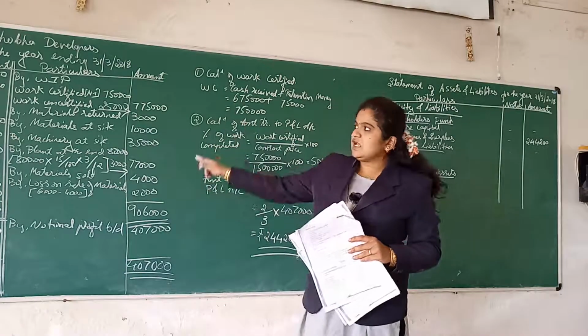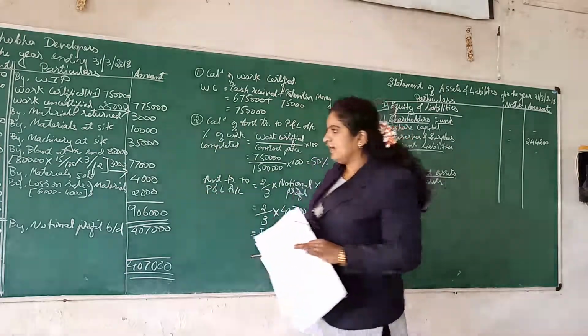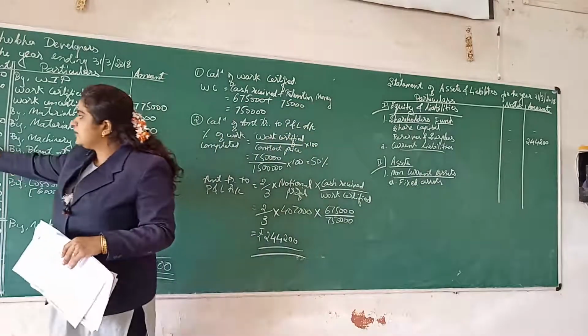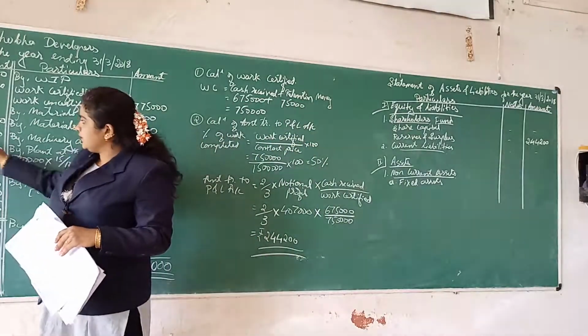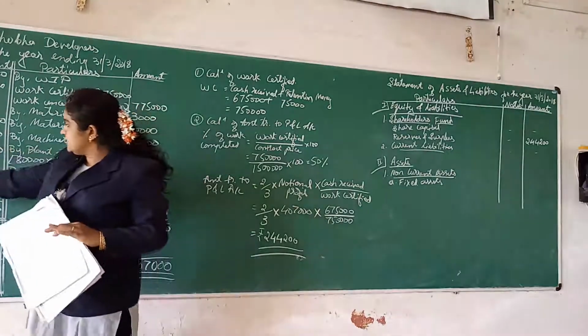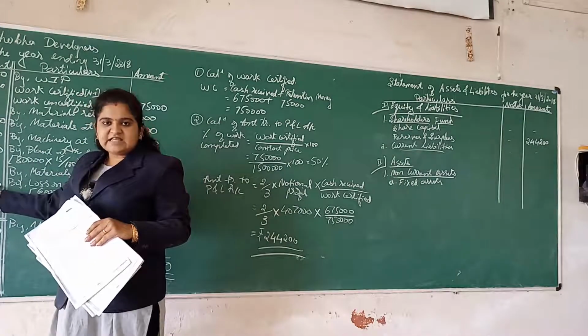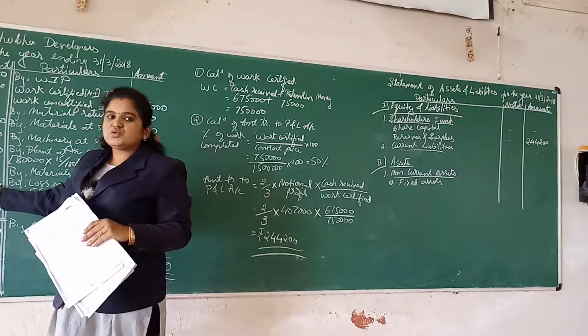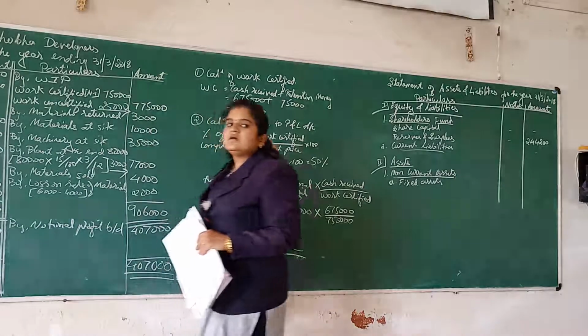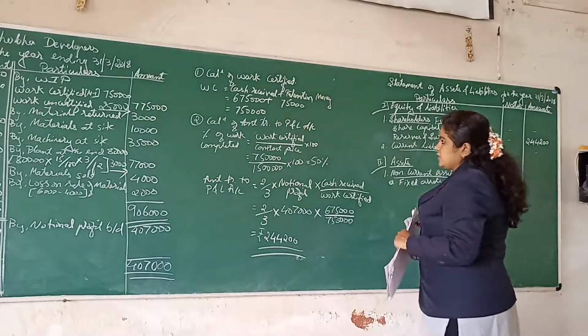If you see the contract account, you will get to know if there are any fixed assets over there. Machinery we have, that is 60,000. It is a fixed asset. Apart from this, again we have plant of 80,000 rupees. So these two have to be shown under fixed assets. Okay, we will have a working note for this.